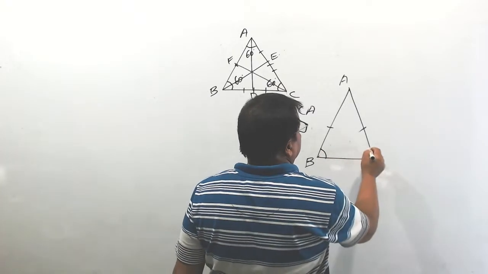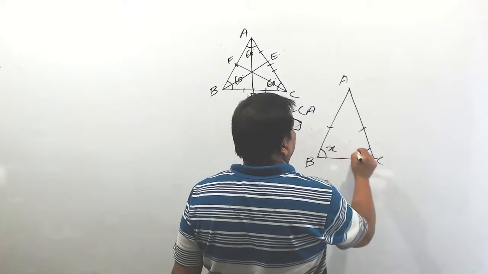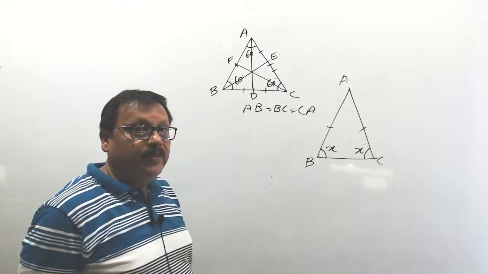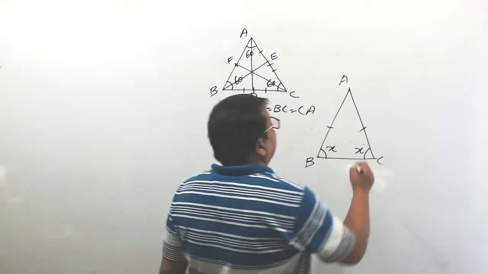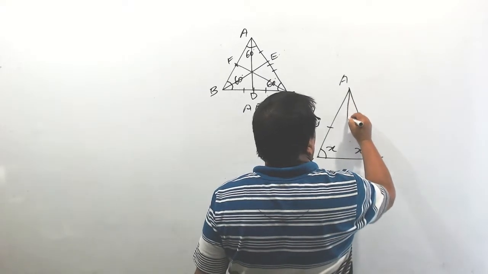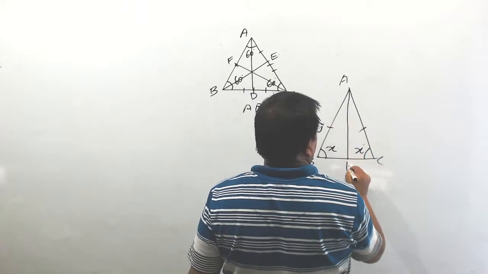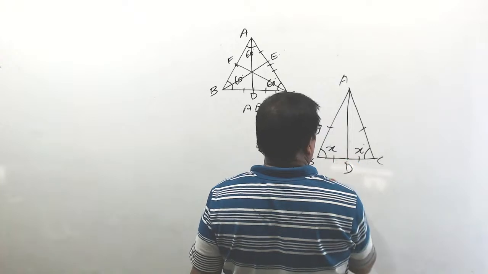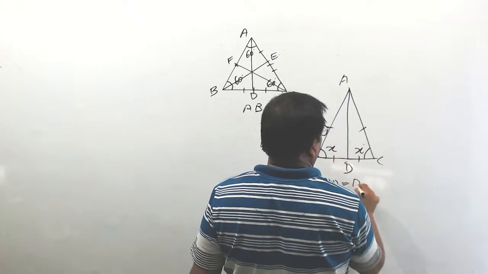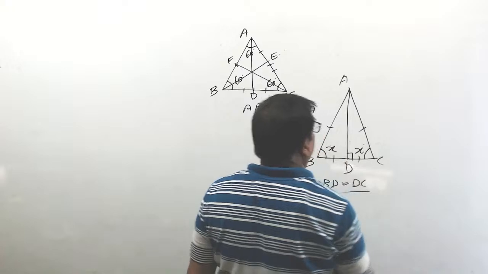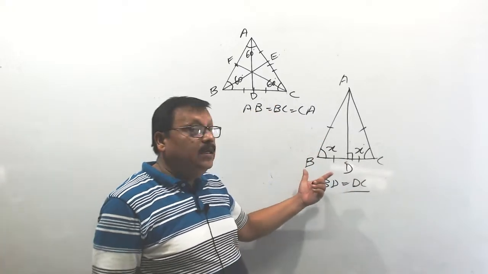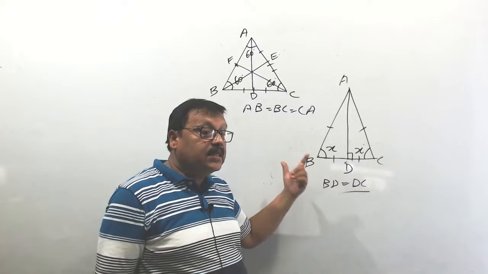And the property is the base 2 angles are equal. So if it is by x degree, this also will be x degree. Right? And if you draw a perpendicular from the top vertex, say D point, BD will be equal to DC. Draw a perpendicular.